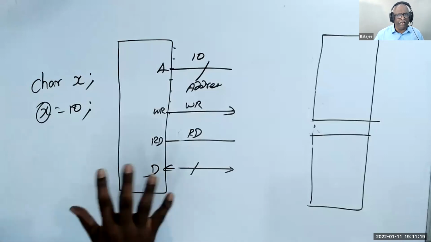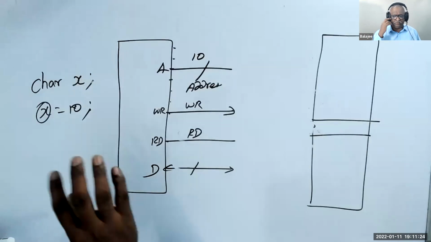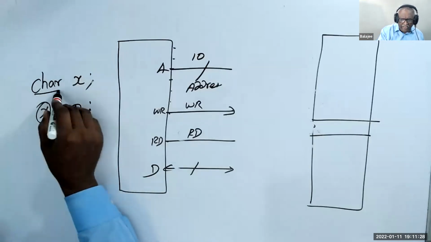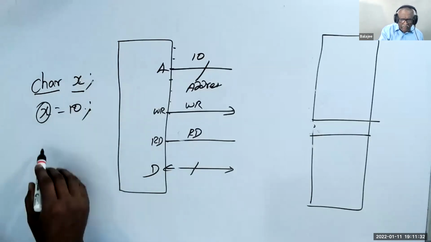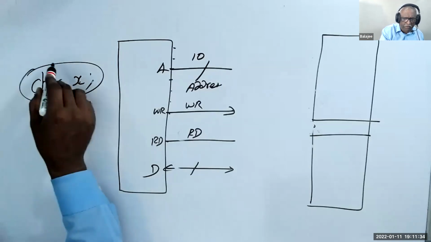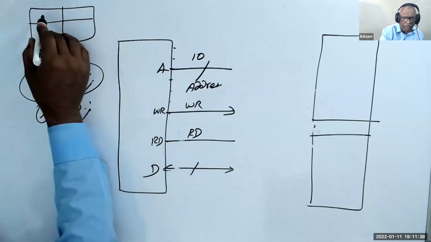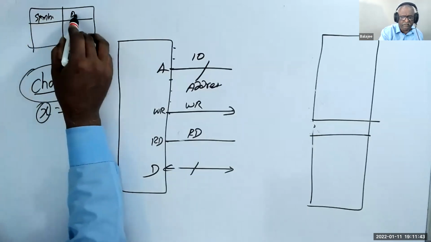Now, what I'm trying to say is how the software is controlling this. That's a trick. Now, if you say CHAR X in the C program, the compiler will create a symbol table and put the symbol and address.